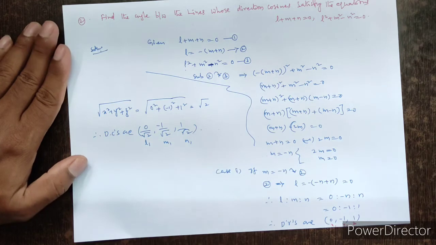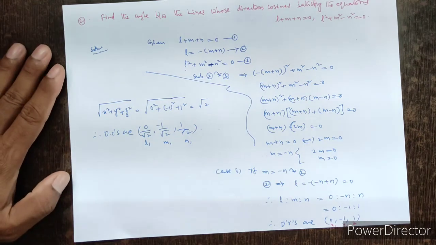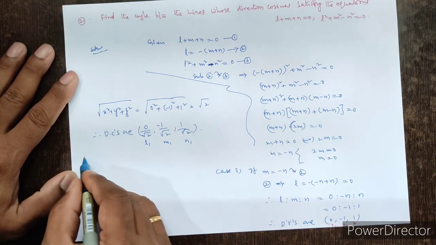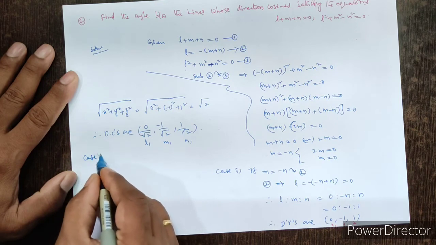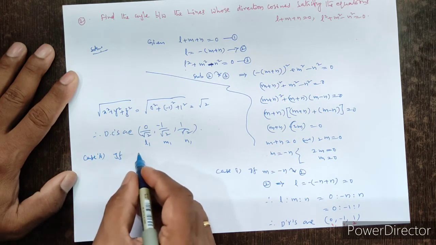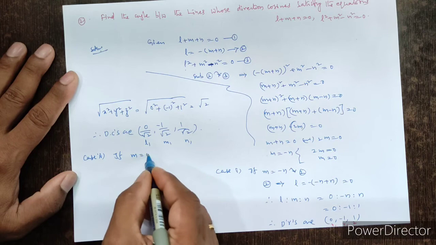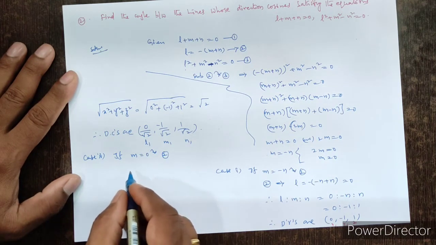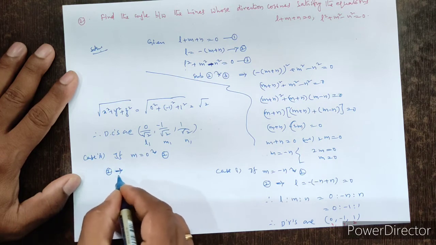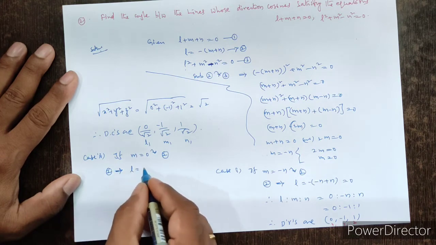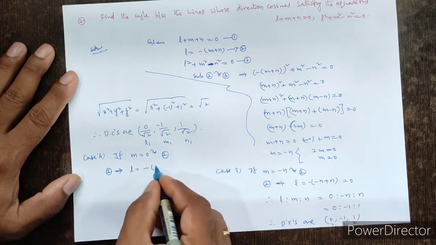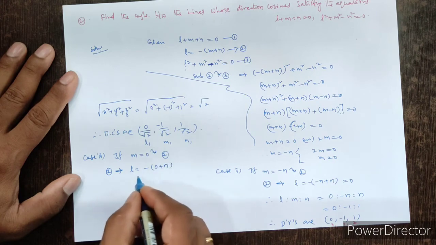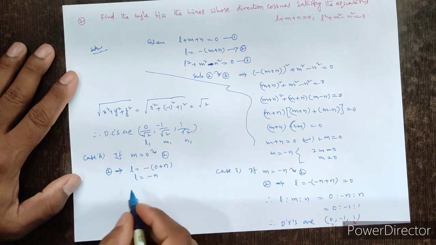So in case 2, if m equal to 0, then equation number 2 is L equal to minus of m plus n, that is 0 plus n. So L equal to what? Minus n.